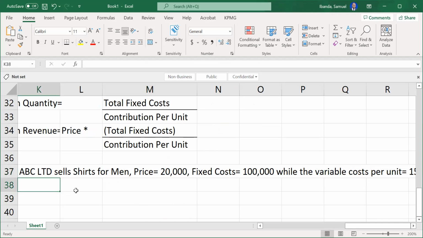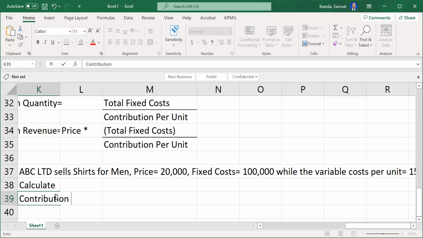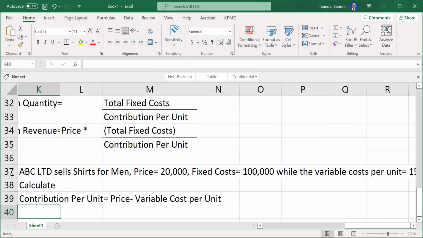Now, let's try to calculate a few things. First, we are going to calculate the contribution per unit. We say that this is usually given by price less the variable cost per unit.